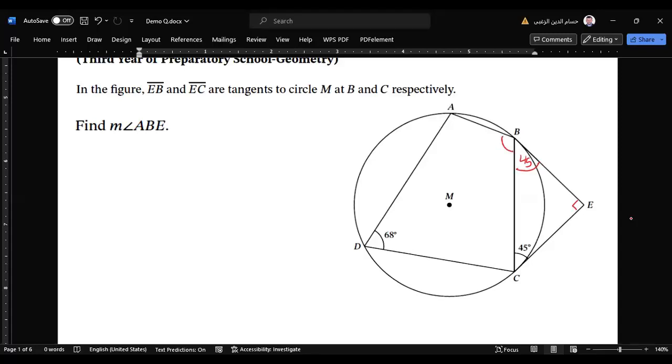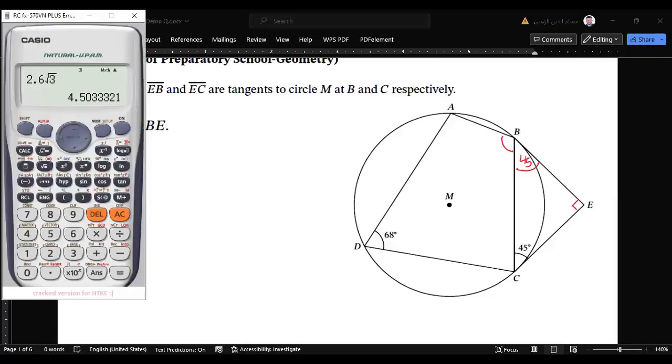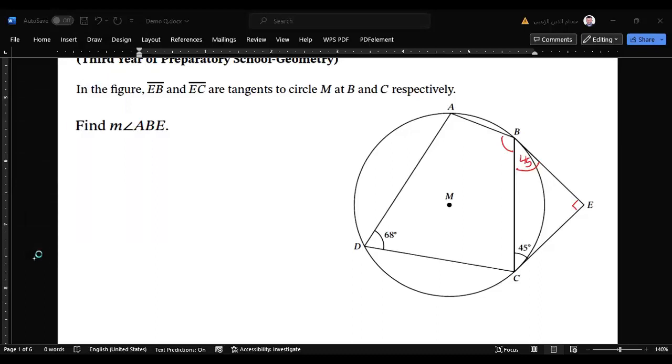Here we have ABCD, a cyclic quad. Opposite angles are supplementary. So the measure of angle B will be 180 minus 68.